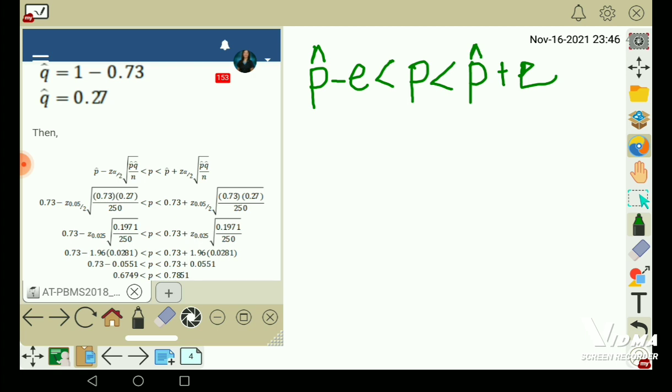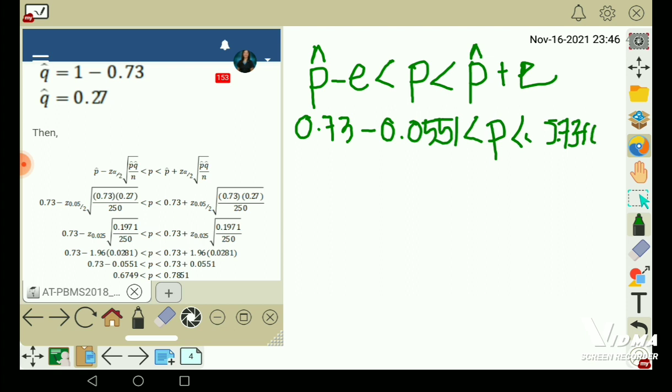So p hat is equal to 0.73 minus 0.0551, which is less than your population proportion. Take note that your population proportion here is unknown, okay? And that is still 0.73.